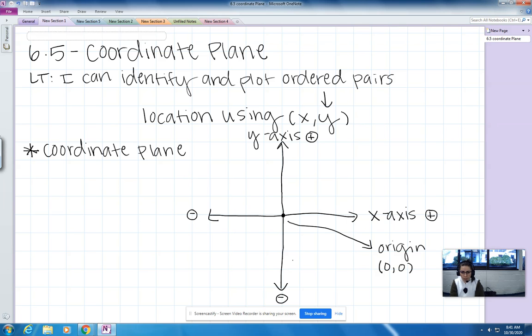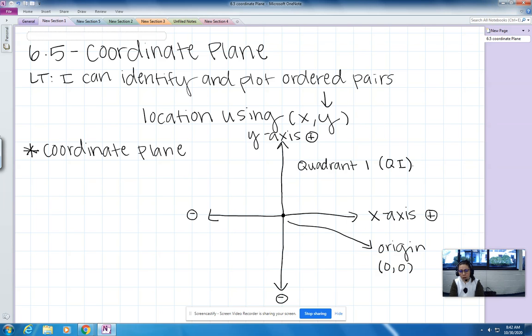The next thing I want to talk about is what each of these little 4 pieces is called. Each of these 4 sections has a special name. They are called quadrants. This one right here is quadrant 1. A lot of times you're going to see it referred to as Q Roman numeral 1, so it kind of looks like QI a little bit.